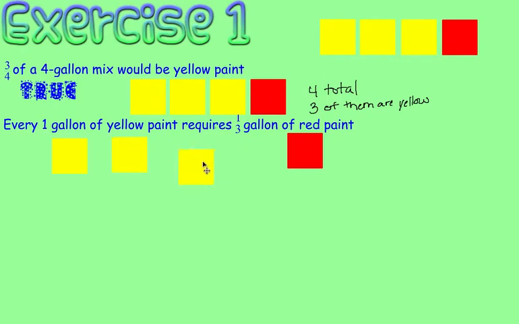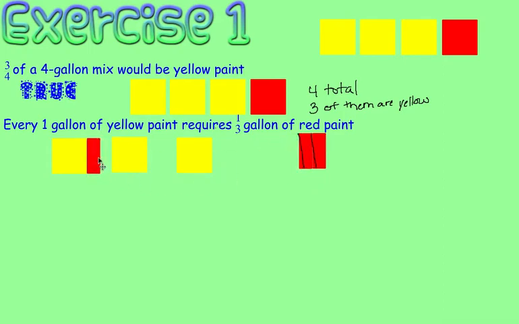So let's pull those yellows down here. To do that, I have to give 1 to this one, 1 to this one, and 1 to this one. And I want to do it evenly. So I have to split the gallon into thirds. Right, so to show this, now I have split my gallon into thirds.